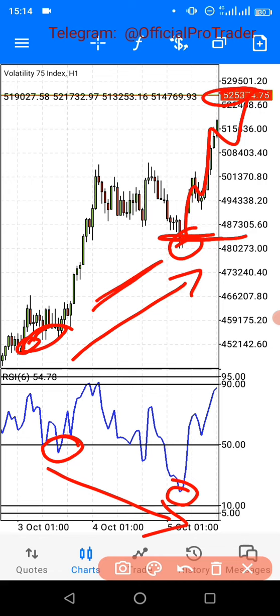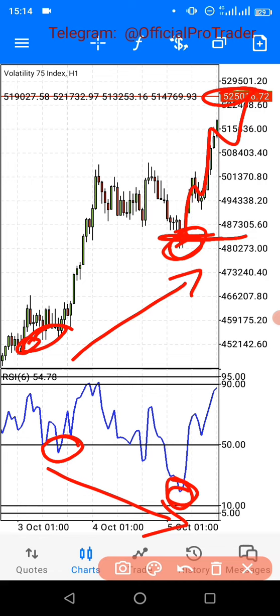As you can see, we had a higher low formation, the indicator gave us a lower low formation, and after that price continued to the upside. The opposite would apply for a hidden bearish divergence. In a situation where price creates a lower high, the indicator on the other hand creates a higher high, which I already showed you in an example. So this will also be treated in detail in our community group.